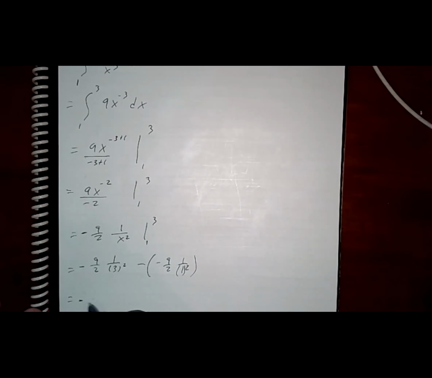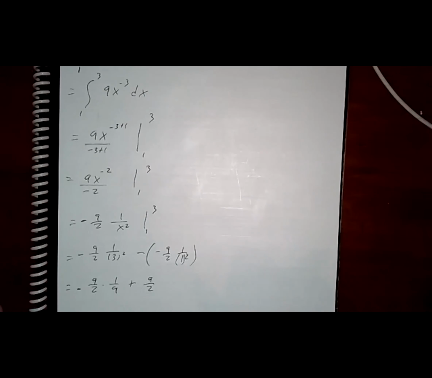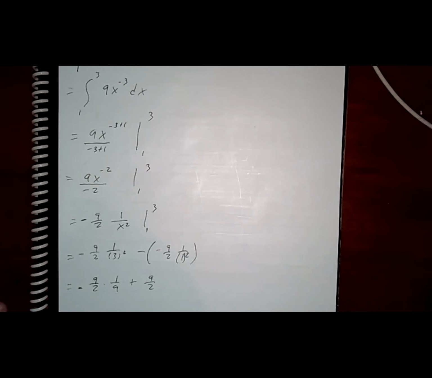So that'll be negative 9 over 2 times 1 over 9, minus minus is a plus, so 9 over 2 times 1. Okay. So negative times that positive cancels those 9s. We get a negative half plus 9 halves, which is 8 halves, which is 4.